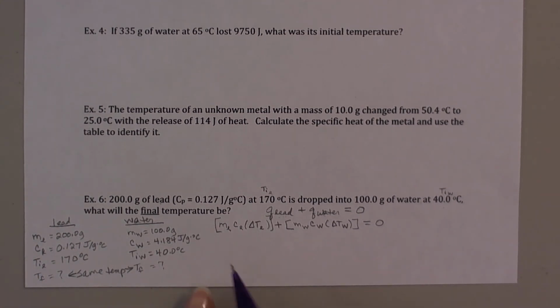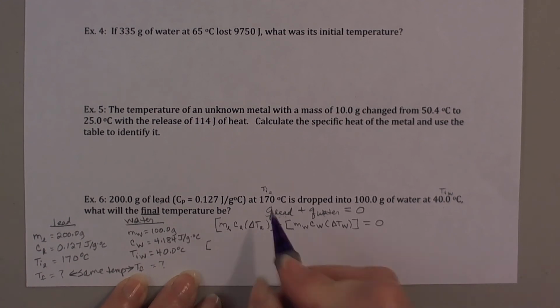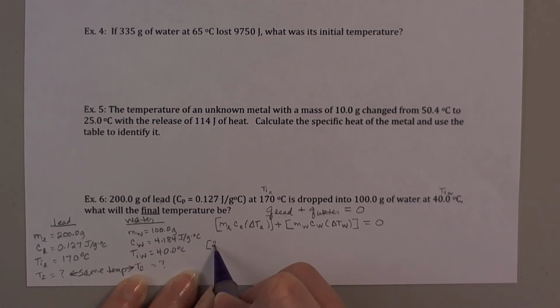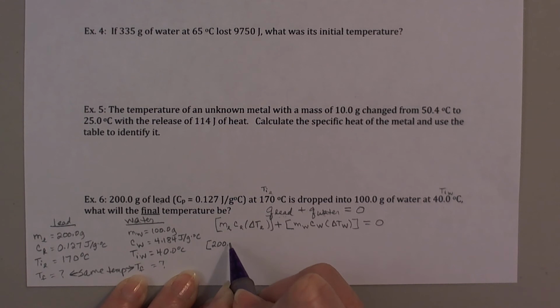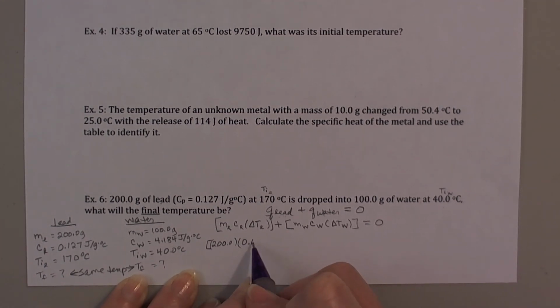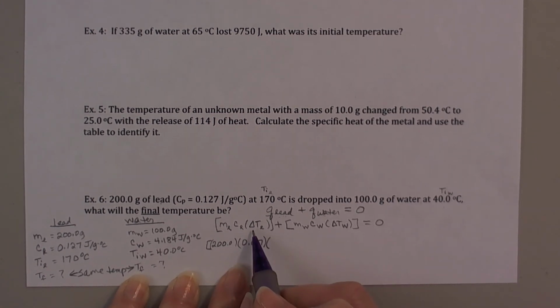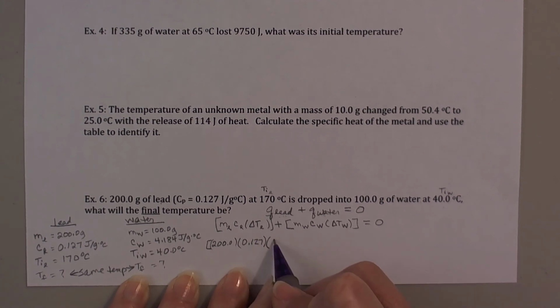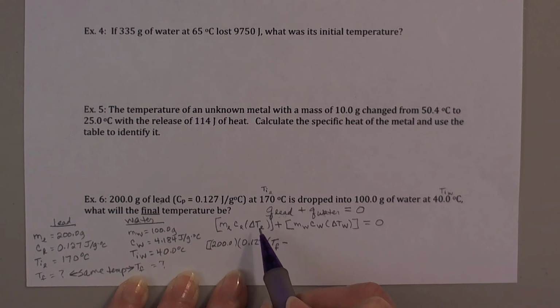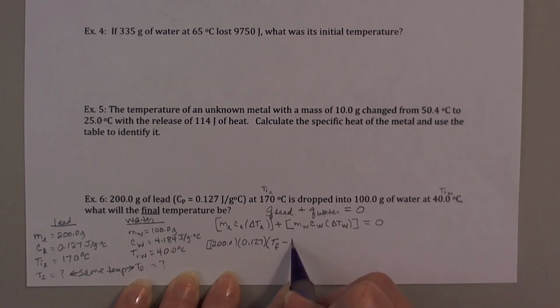So all you have to do is now plug these numbers into our equations and solve. So I end up getting the mass of the lead is 200 grams. The specific heat of the lead is 0.127. The temperature change for the lead is T final minus the initial temperature of the lead, which is 170 degrees.